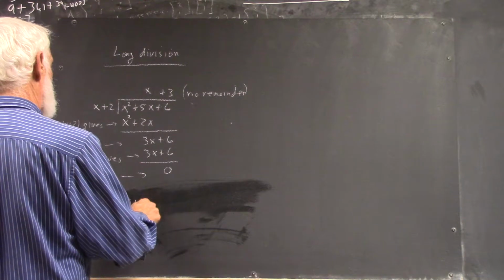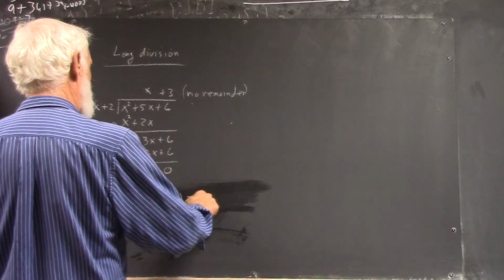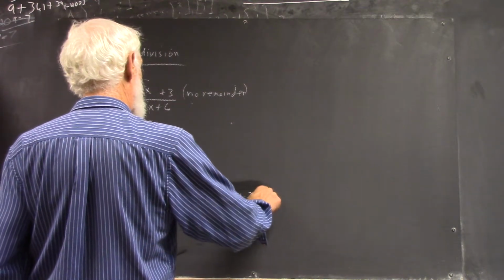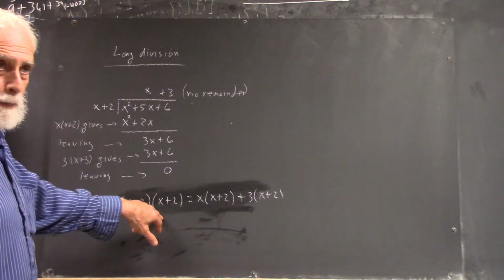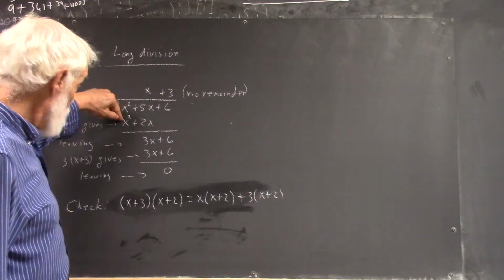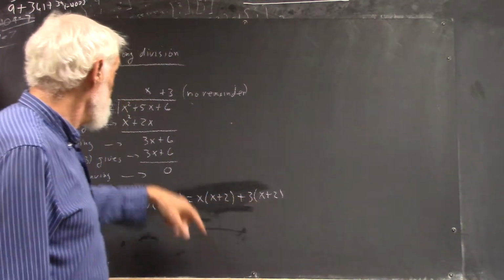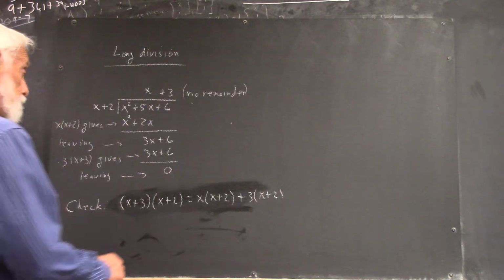We want to write it in this order because it illuminates what's going on. Now this ought to be second nature to you. x plus 3 times x plus 2 is x times x plus 2, which is a whole lot like what we did to get this, right? And 3 times x plus 2 gives you this, right? That's our 3 times x plus 2.